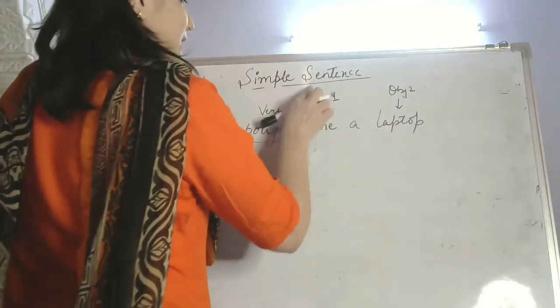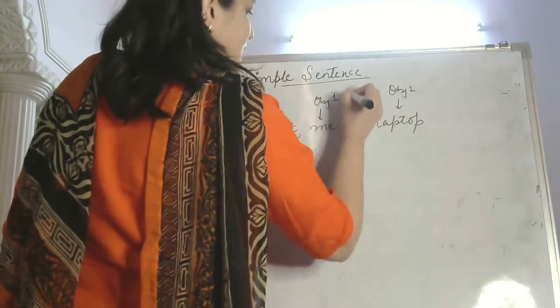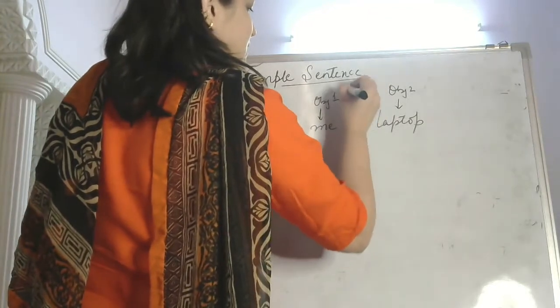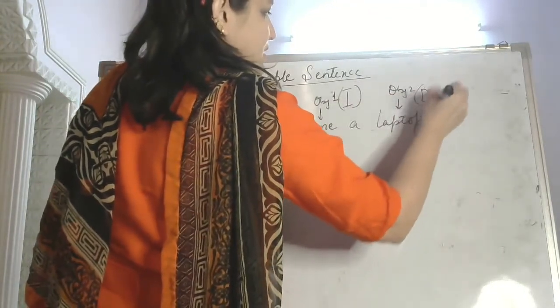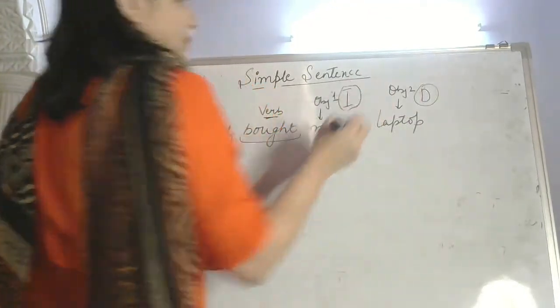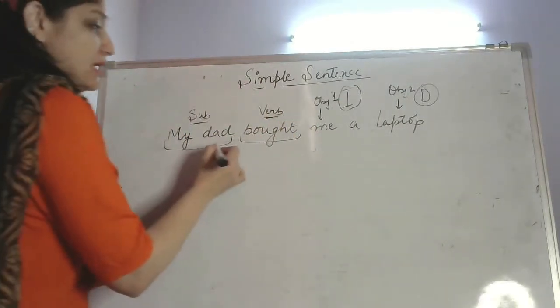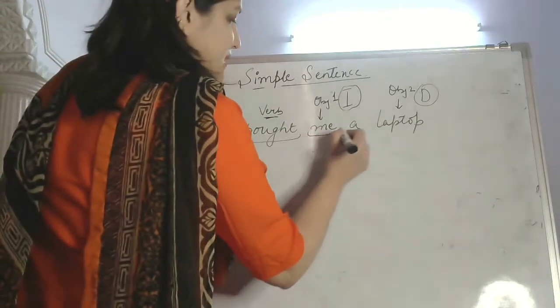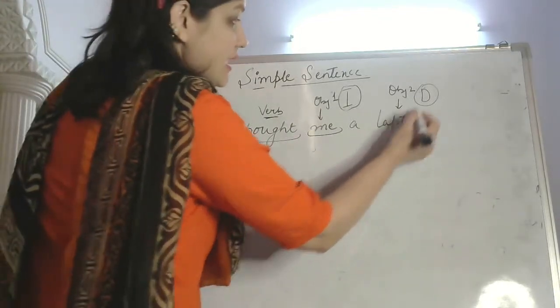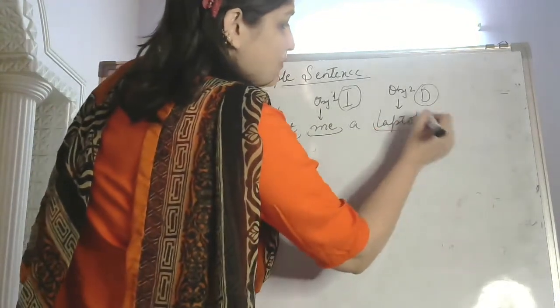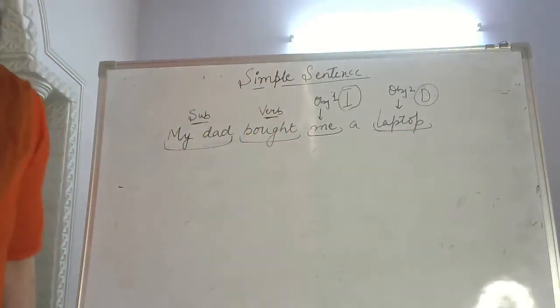This is the indirect and this is the direct object. Clear? So remember, my dad bought me a laptop. Me is the indirect object, and what he bought, laptop, that is the direct object.